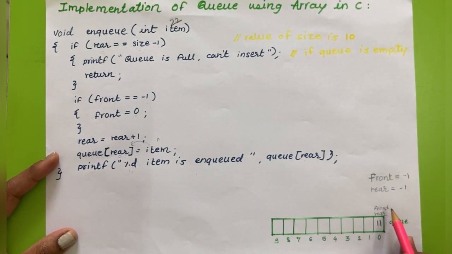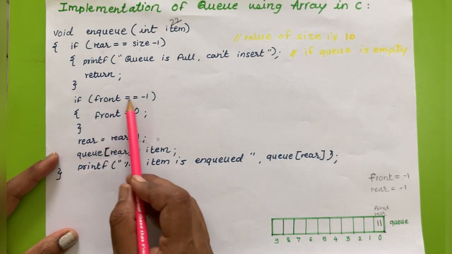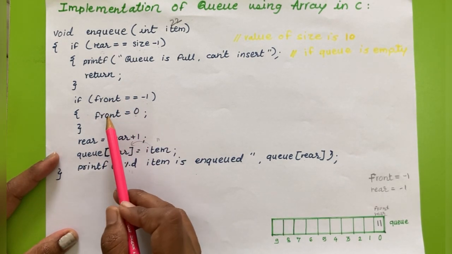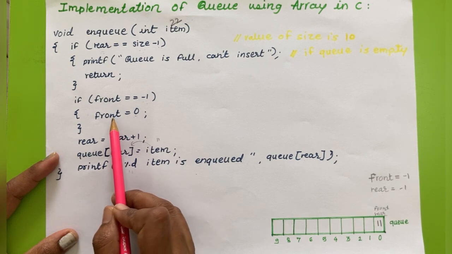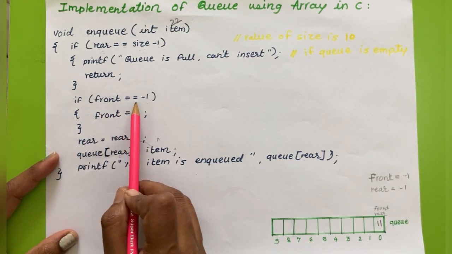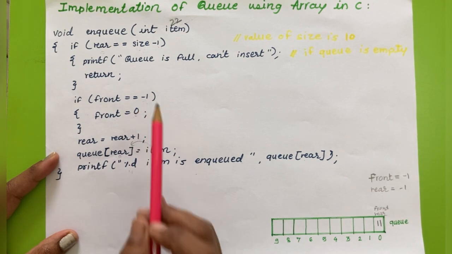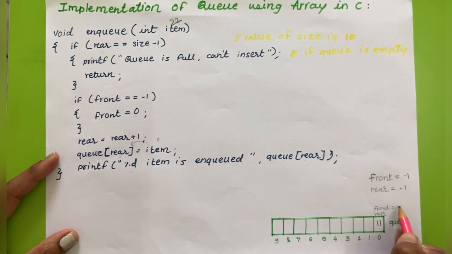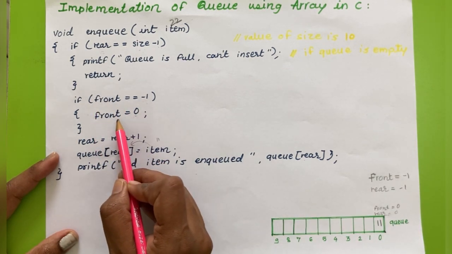So while deleting or dequeuing the queue, we will first delete element 11. So from here onwards we have to increment rear only. That's why we don't need to update the counter of front. If front is equal to -1, but now the value of front is 0, so this condition is also not possible.